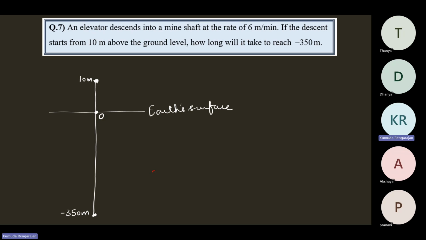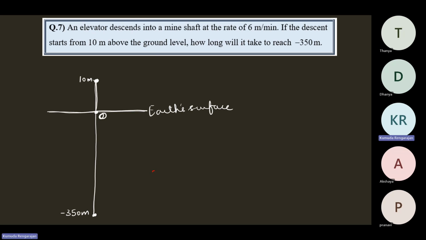So now the elevator is at this point above the ground, which is marked 10. It's given there. If the descent starts from 10 meters above the ground level, the position of the elevator is here. The surface of the ground, we take it as 0.